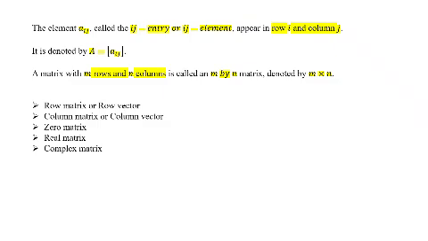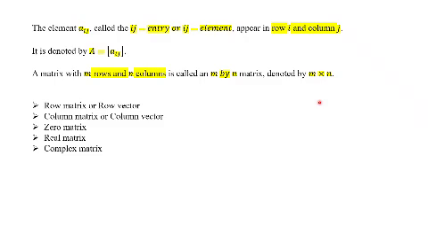Now, a matrix with m rows and n columns is called an m by n matrix. The pair of numbers m and n is called the size of the matrix. Let's talk about when matrices are equal.